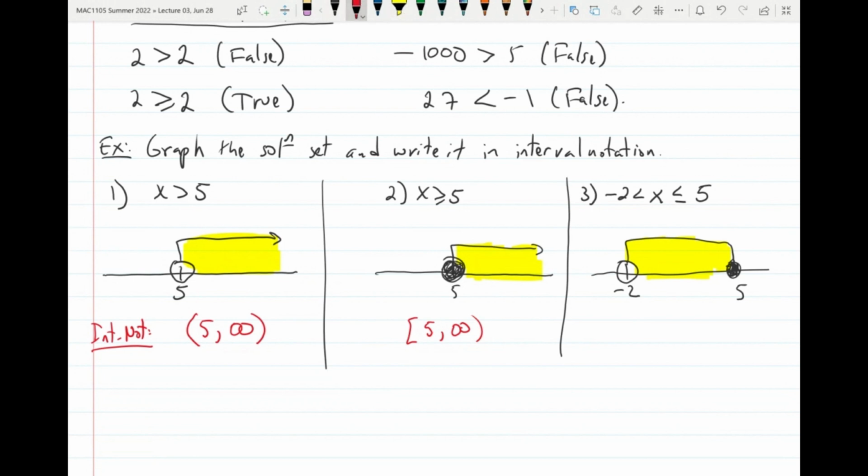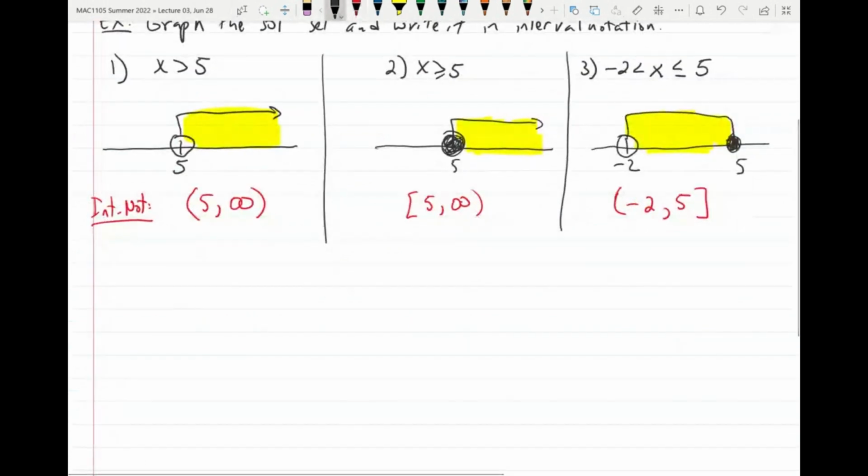And so what would be the interval notation? Parentheses, -2, 5, square bracket. Okay. Questions? All right, perfect.